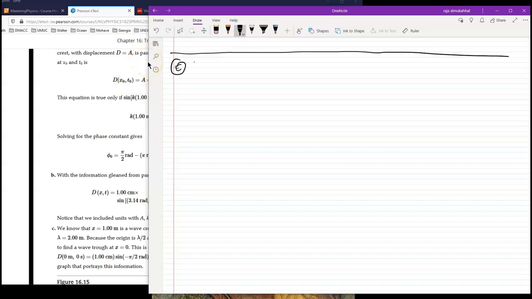This is part C. So we know that at x equals 1 meter, we have a crest at also t equals 0, right?